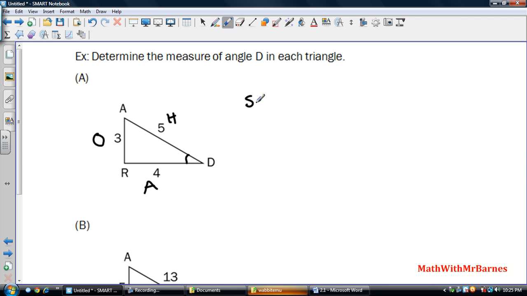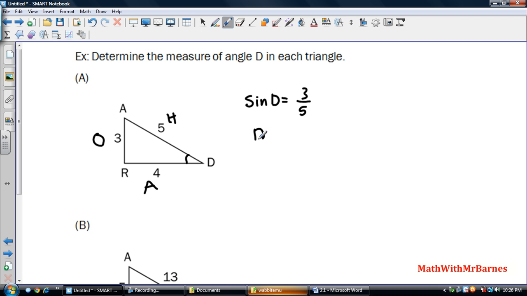So sine of angle D is equal to opposite over hypotenuse, 3 over 5. Then, because I'm looking for my angle, I need to take my ratio another step. This is why we practice writing this, so we can do that extra step to be able to get my angle.